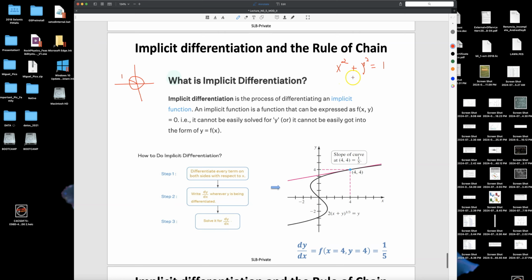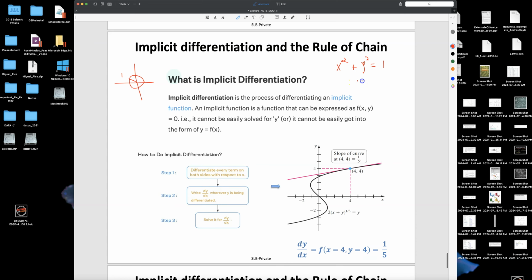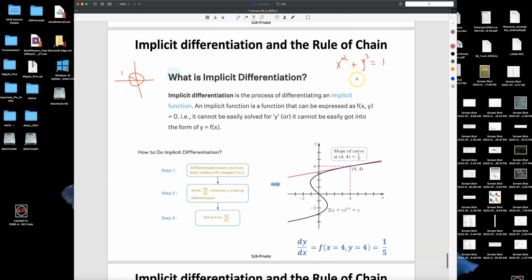Even though this is an implicit function, you can isolate the variable y, because the variable y in here is going to be (1 minus x squared) raised to 1 over 2, and this is going to be plus and minus. So it's not really that bad. So we can still do something. But in expressions like this, it's kind of difficult to solve for the variable y.